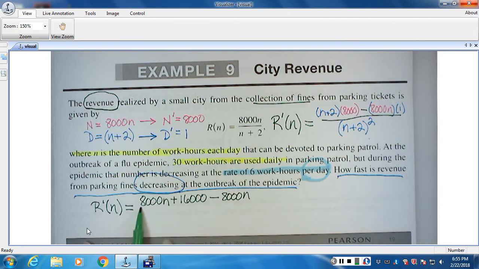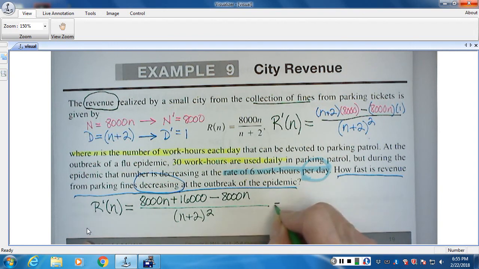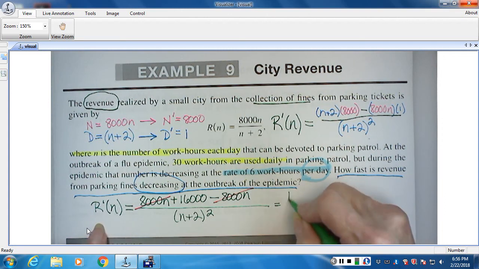And that's all going to be over n plus 2 squared. And happily enough, the 8,000 n's cancel in the numerator. So my derivative actually looks like this.